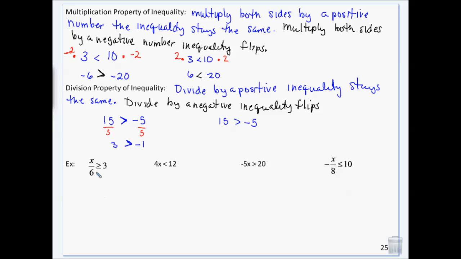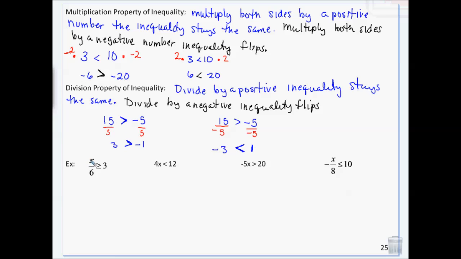I divided by a positive, it didn't change. But if I divide both sides by -5, I now have -3 and +1. 1 is greater than -3. So it had to change, it flipped.